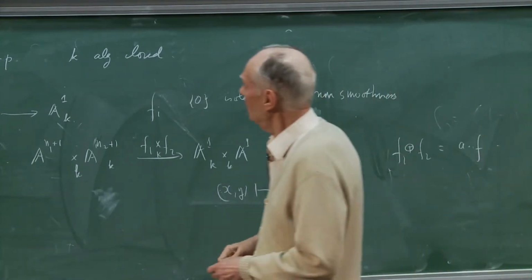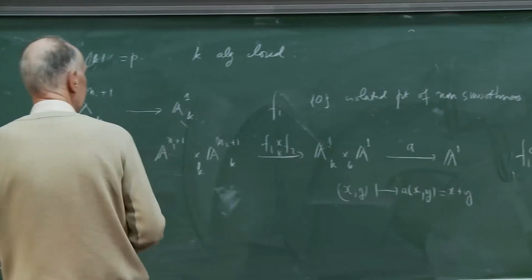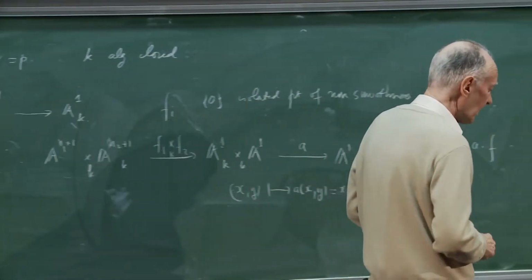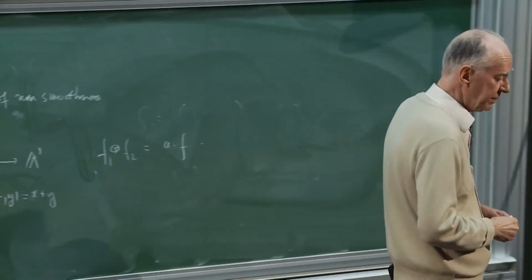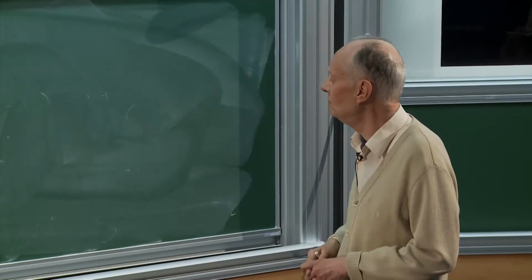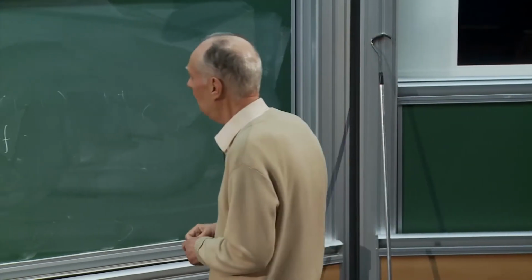So then again you have a critical point for this sum map, and the question is to compare vanishing cycles for f1, f2, and the sum map.